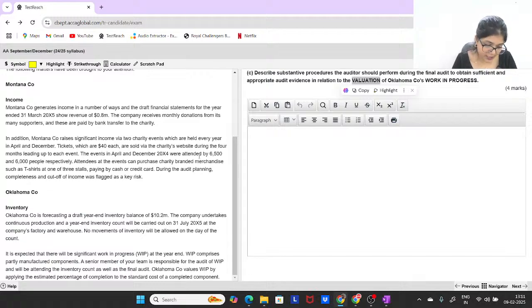Yes, Rajput, you can write that as well. Quickly guys, anyone, I just want one from everybody. One case specific substantive procedure for this C part, and then I will be explaining it.